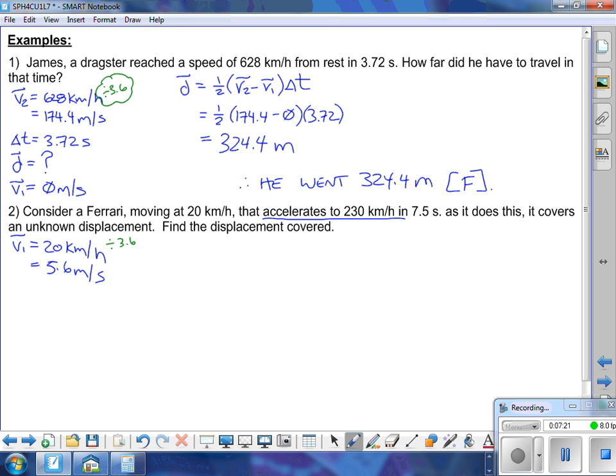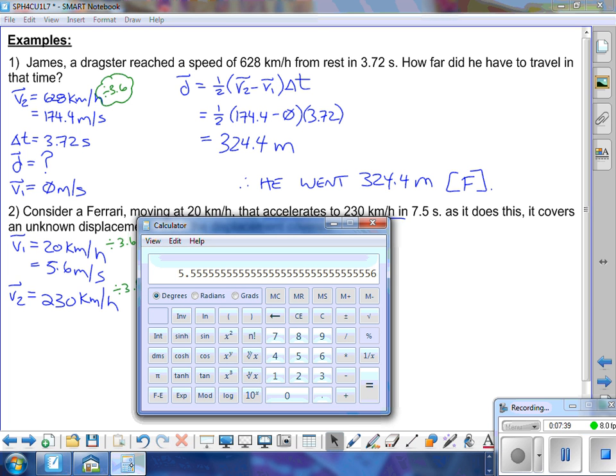Accelerates to 230 kilometers an hour. So that means it's a final velocity of 230 kilometers an hour. So kind of annoying, got to divide this one also by 3.6. So this one's making us do all the possible steps.